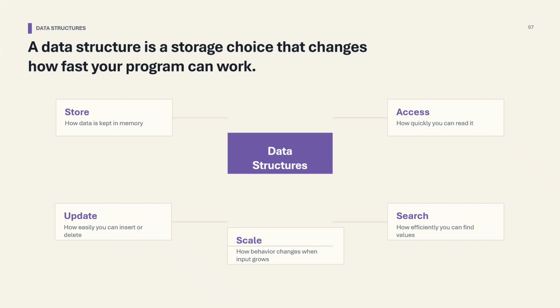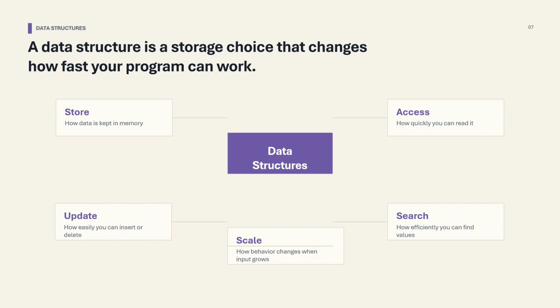A data structure is simply a way to organize and store the data. For example, if you want to store a list of student marks, you can use an array. If you want to process tasks in order, you can use a queue. And if you want fast searching, you can use a hash table.